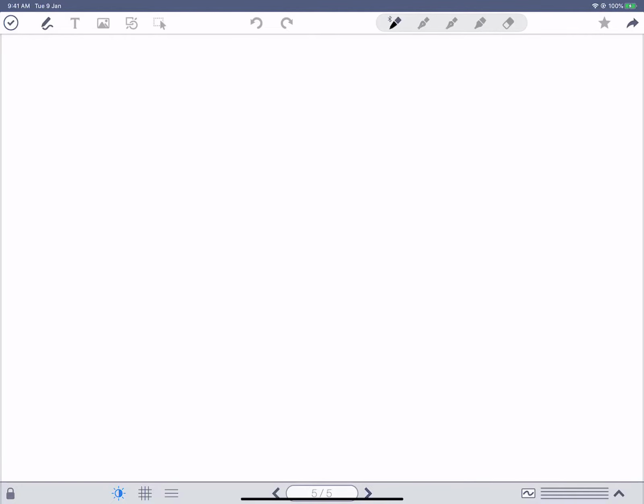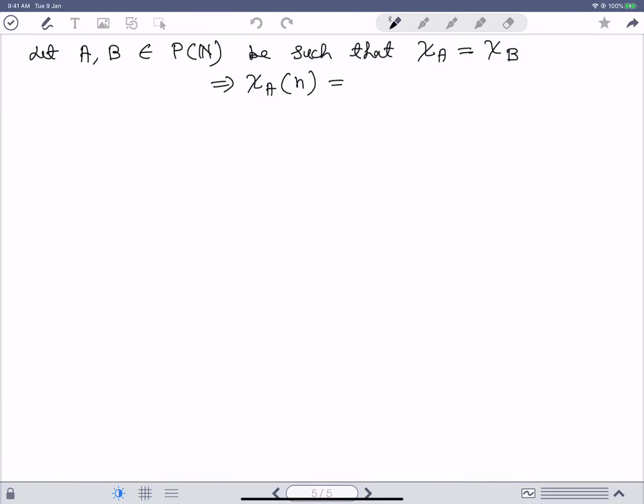So first of all, let A and B belong to Pn, and let chi of A be the same as chi of B. That implies chi of A at n is the same as chi of B at n for all n belonging to the natural numbers, right?